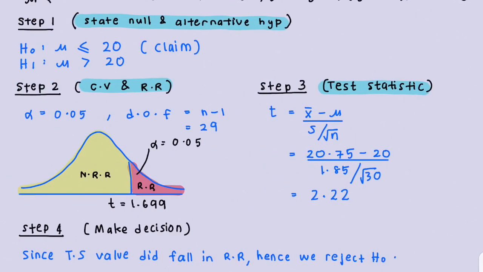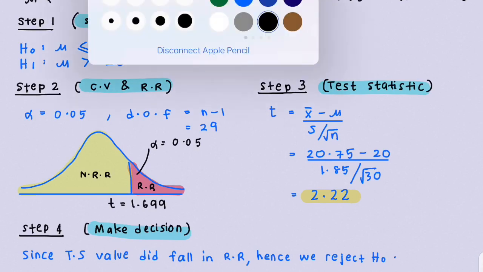Step number 4 is make a decision. So in this step, you have to refer to the previous calculation, which is the test statistic value. So your test statistic value just now is 2.22. So you have to compare this value with your region, whether this value falls in the non-rejection region or rejection region.